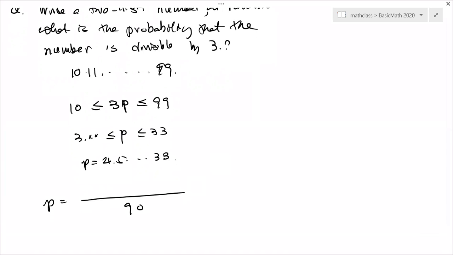So those who are divisible by 3 go from 4 to 33, so 33 minus 3, that'll be 30. So the answer is 1/3.